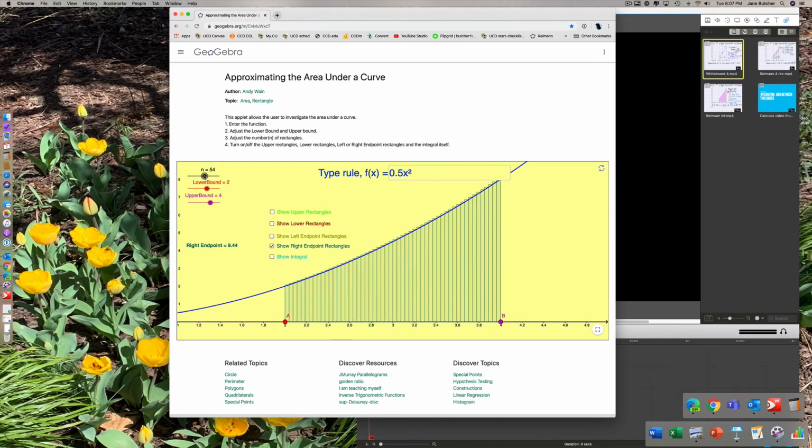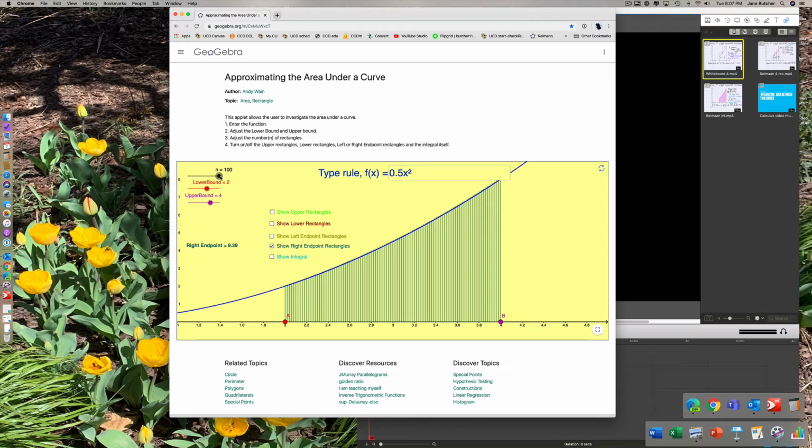If we get to just really skinny rectangles, get to 100 rectangles, we're pretty close to an approximation. So if we did 1,000 rectangles, we'd be even better off. It'd be pretty hard to draw that, but you could do it.